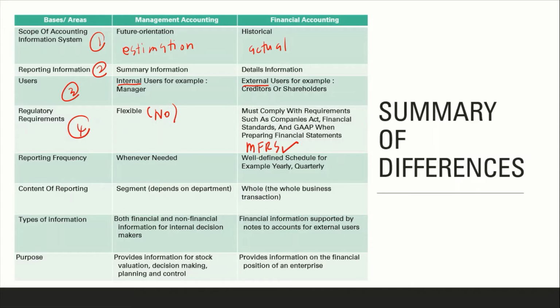So why for financial accounting do you have to follow a standard? Because if you look at Bursa, you can find different companies' financial statements. All the financial statements that are there in Bursa can be used to compare. You can compare company A and company B because they follow the same standards, the same rules.